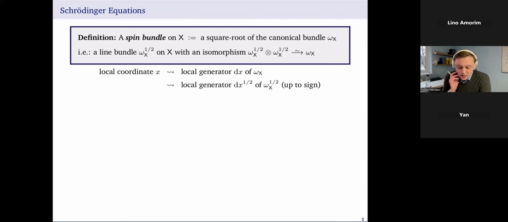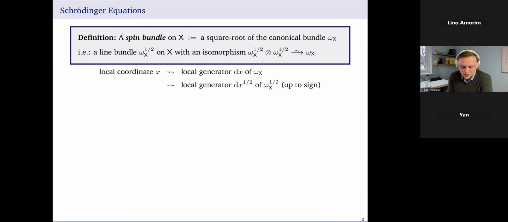Okay, another cool thing about this line bundle, and this is why we always get away with just writing down a local expression when we're talking about Schrödinger equations, is that once you pick a local coordinate, you get a canonical trivialization of all these bundles. They get completely canonically presented to you as soon as you choose a local coordinate.